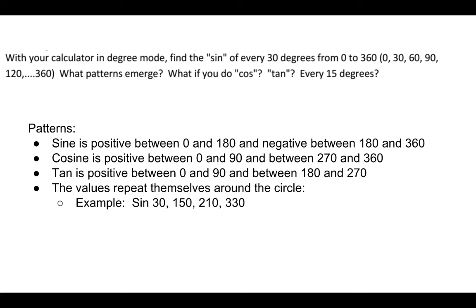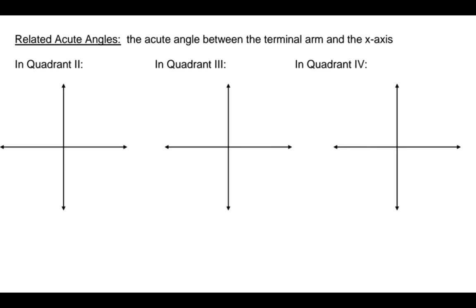So sine of 30, sine of 150, sine of 210, sine of 330. You see that they repeat themselves as the distance from 180 and 360. 150 is 30 away from 180, 210 is 30 away from 180, and 330 is 30 away from 360.